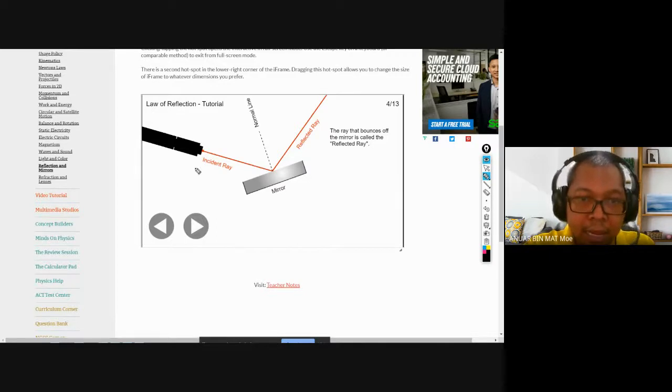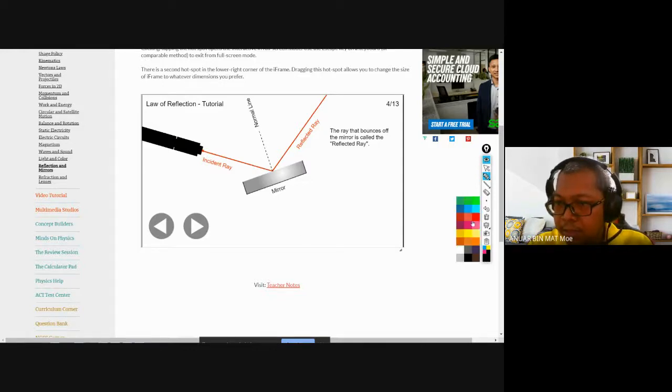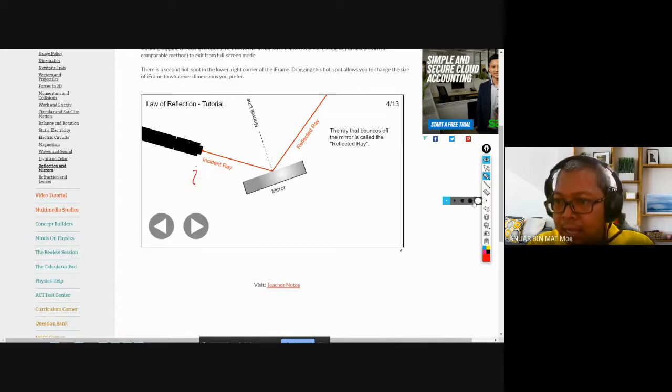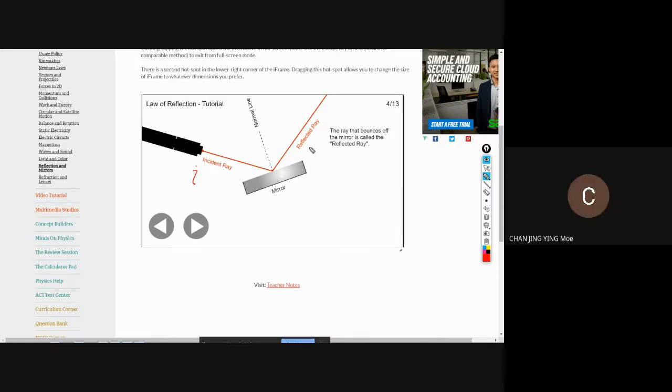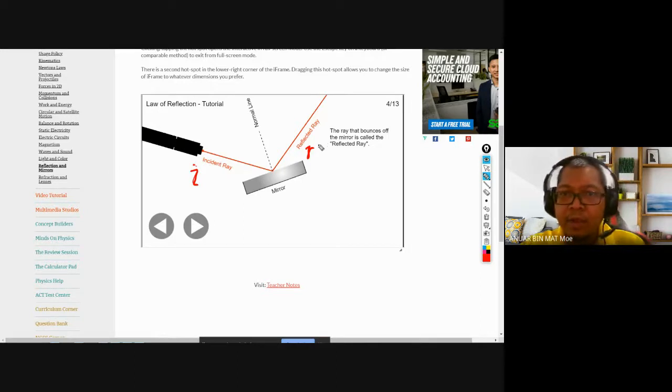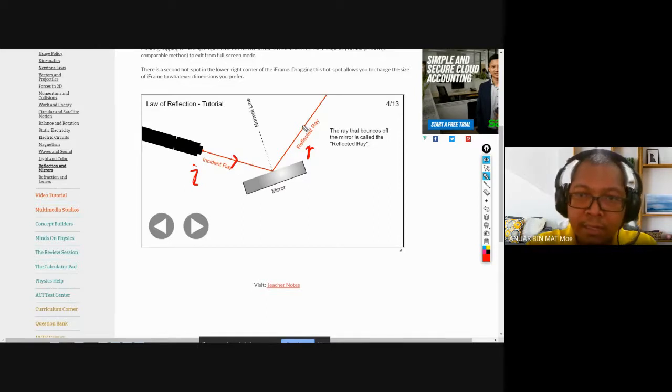This is I. The incident ray is I, and the reflected ray is R. Don't forget to draw the direction. You just draw like this to make sure where the source of light comes from, whether it is the incident ray or the reflected ray. Okay, next one.